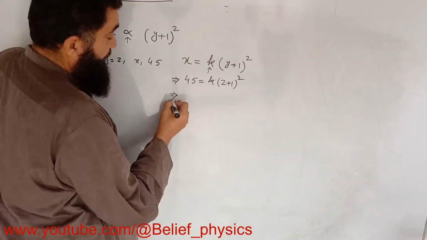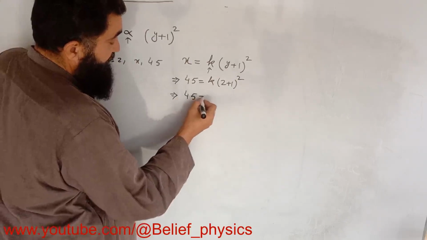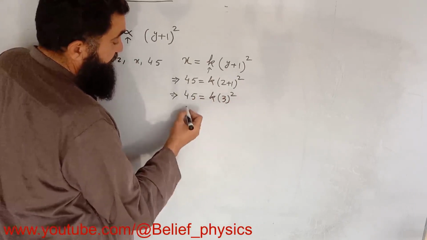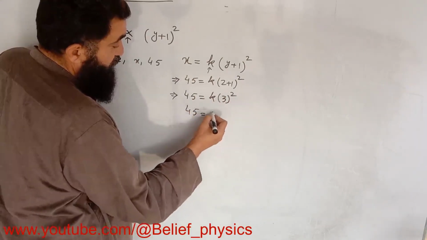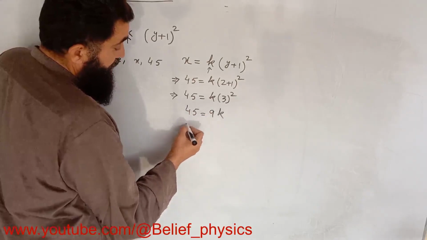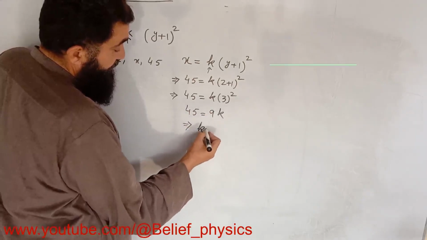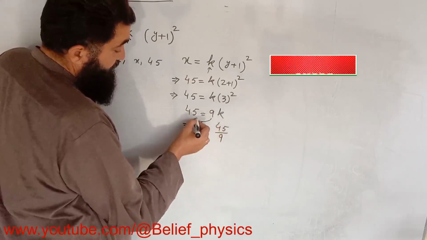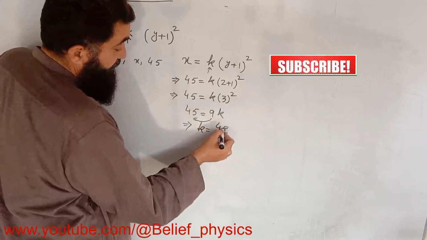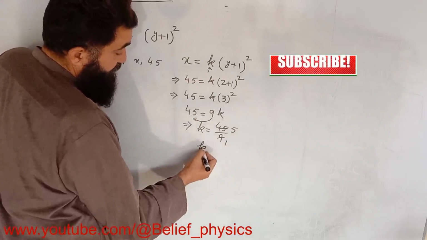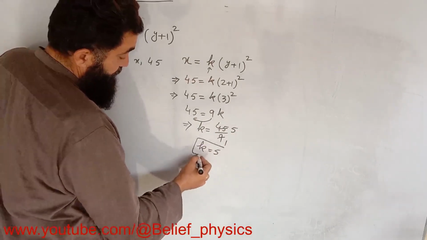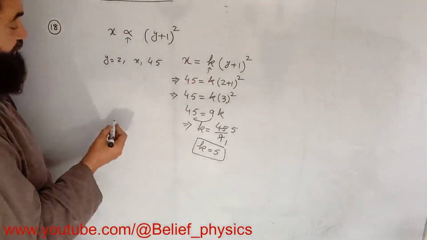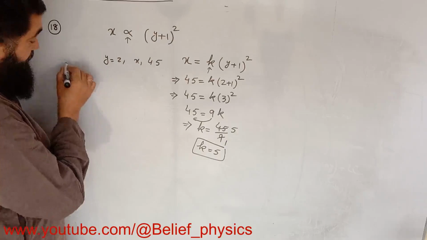So 45 is equal to k into 3 squared. 3 squared is 9, so 45 is equal to 9k. Or you can write k is equal to 45 over 9. Dividing it, 9 ones are 9, 9 fives are 45. So k is equal to 5 here. We have got k is equal to 5. Therefore, the relation becomes x. Therefore, I write it there.